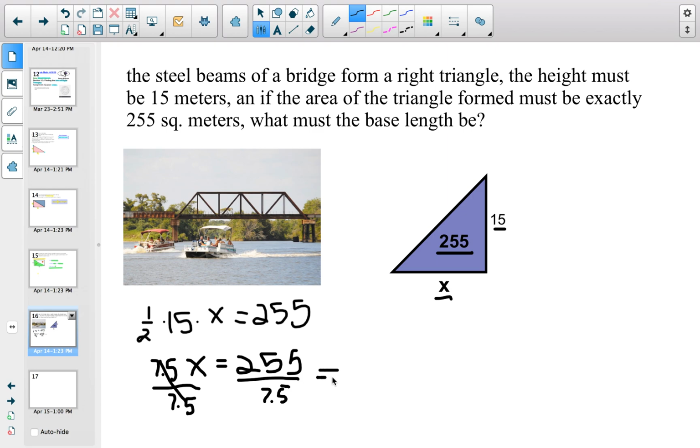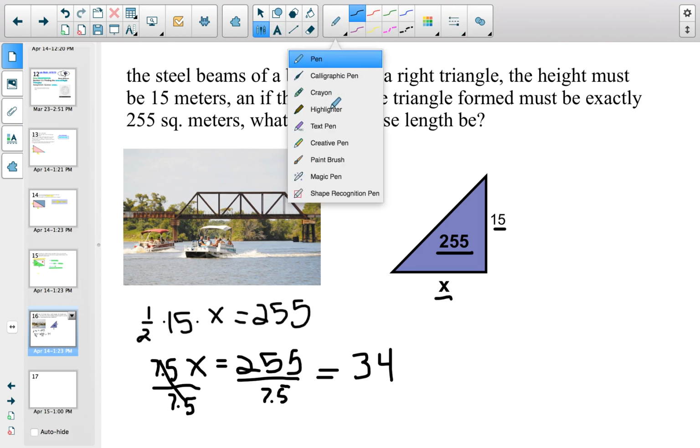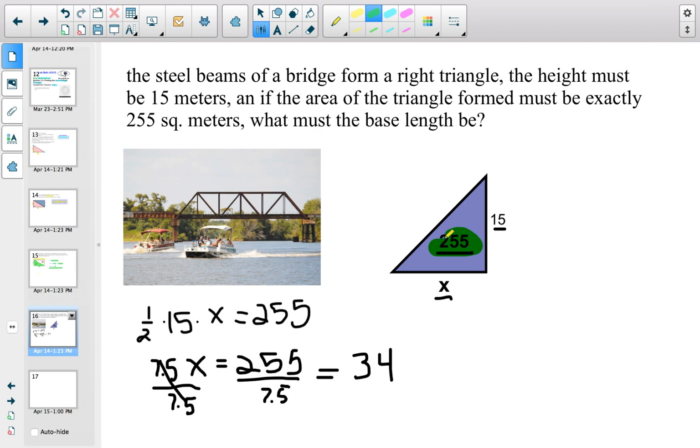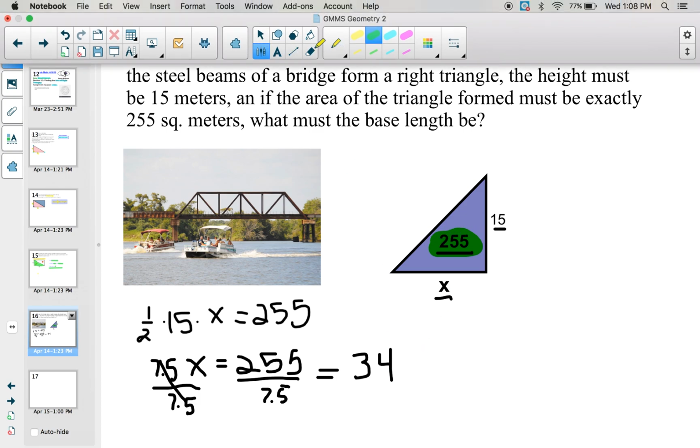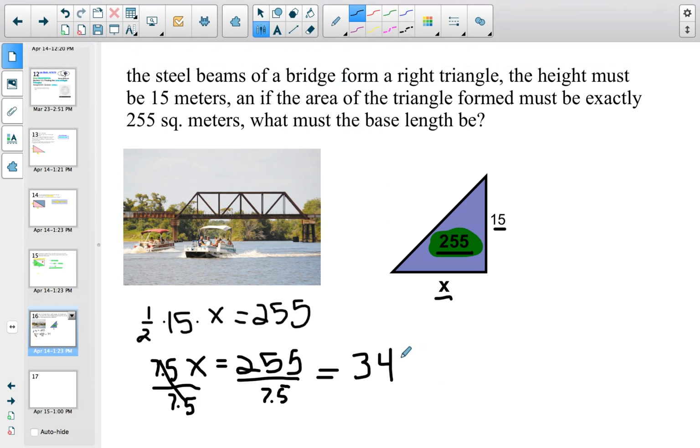Well, we're going to get 34 for x. And you can always take that and plug it in. So if we do 34 times 15 divided by 2, we're going to get 255, just how we planned. So right here, got that, and now we have 34 meters.